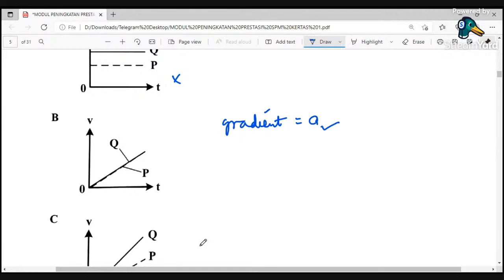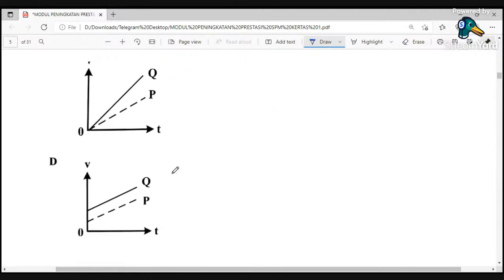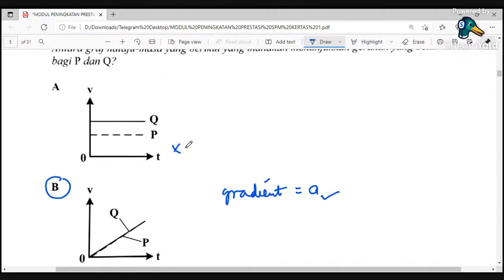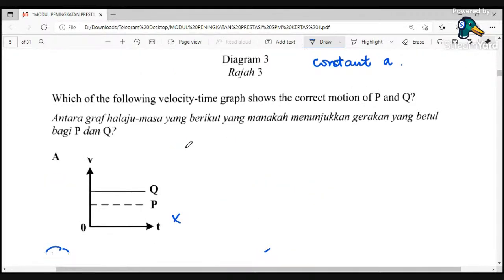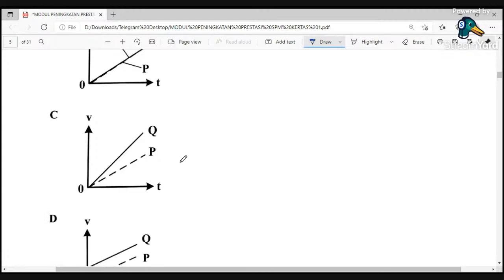So it means the line for Q and P must lie on the same line, berada pada garis yang sama. So the answer should be B. So this one is the motion graph. You must know the shape to describe the type of motion based on the shape of the graph.